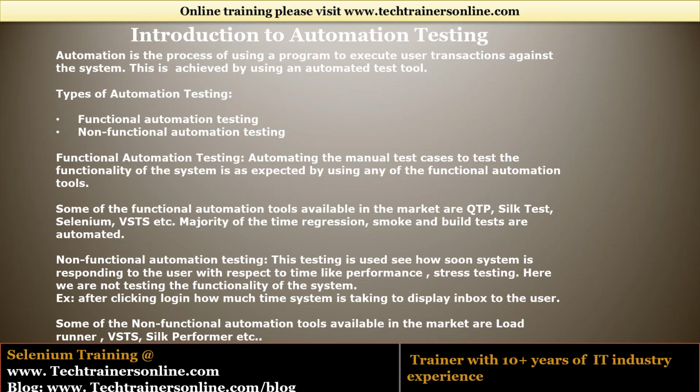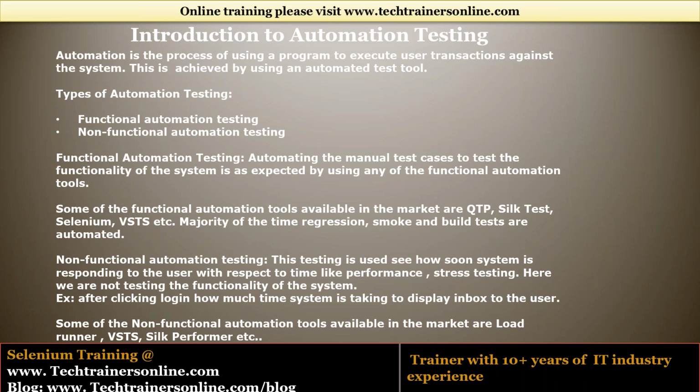Is it taking too much time, or is it showing in a fraction of a second? That's exactly what we are trying to validate: the response time of the system, how much time it is taking to respond to the user when a particular transaction is performed on a specific load.